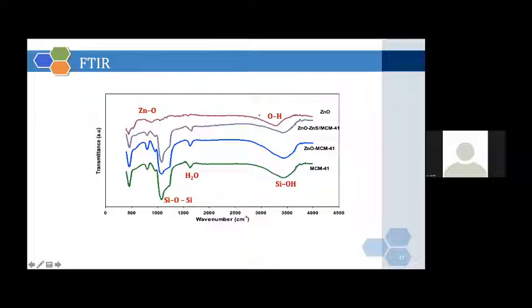For the zinc oxide sample, the peak at 3,449 corresponds to OH stretching vibration of water molecules in zinc oxide, while the zinc-oxygen bond is in the range 700 to 400. The composite sample exhibits similar vibration bands of MCM-41, with no special differences observed due to the overlapping with MCM-41 bands, and also as a result of the incorporation of zinc oxide and zinc sulfide nanoparticles into MCM-41.